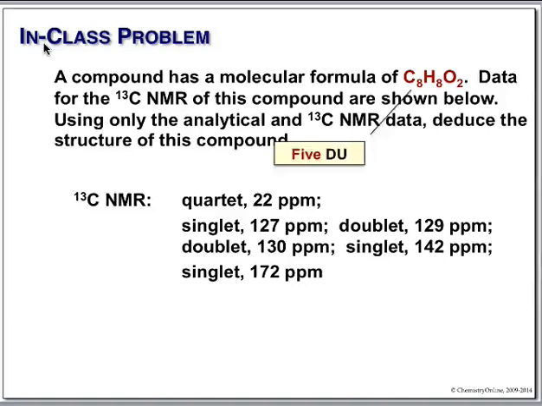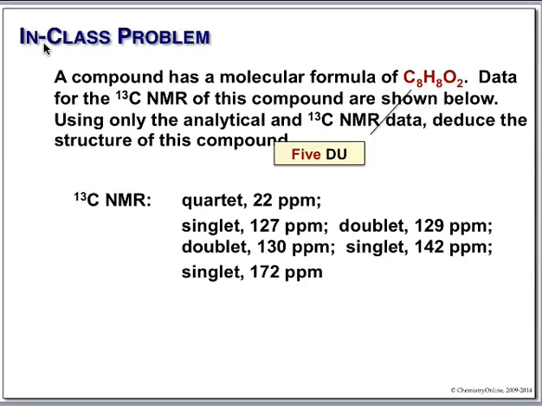So that should tell you right away that we're probably dealing with a benzene ring, and that one of these oxygens is going to be a carbonyl. Now, if we look at the C13 NMR, I have these grouped for you so very nicely.